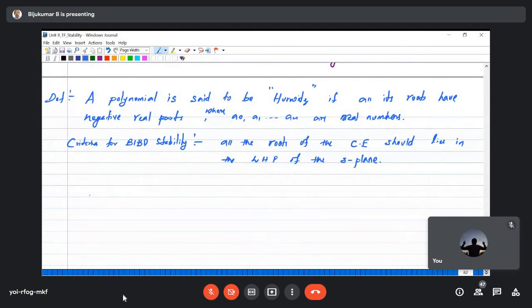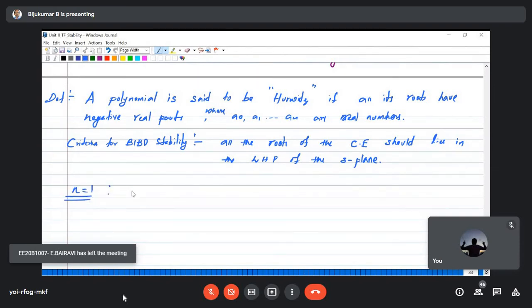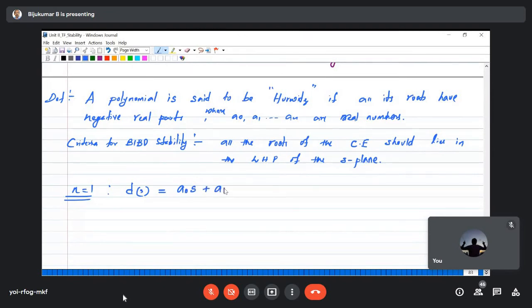So when n equals 1, what is the denominator polynomial? It becomes a0 s plus a1, right? For n equals 1. So first order polynomial, it is a0 s plus a1.